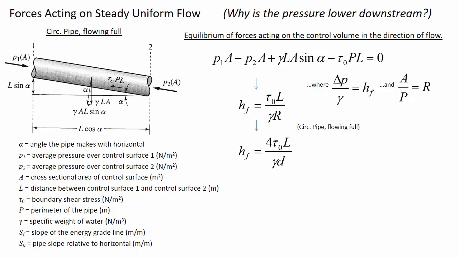So if the pipe is totally full with water, meaning there are no voids, then the hydraulic radius is just d divided by 4, because the pi d in the denominator cancels out the pi and one of the d's in the numerator. So for a circular pipe flowing full, instead of hydraulic radius, we've substituted in D.